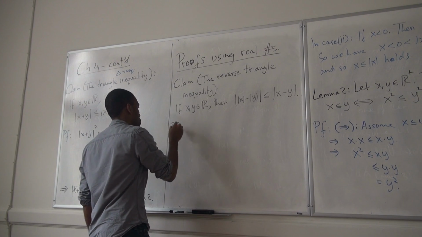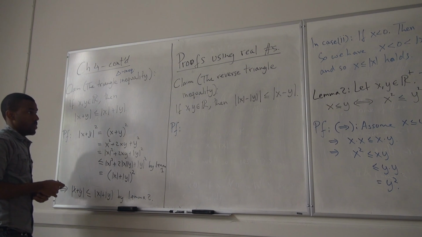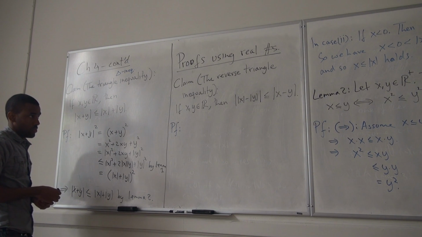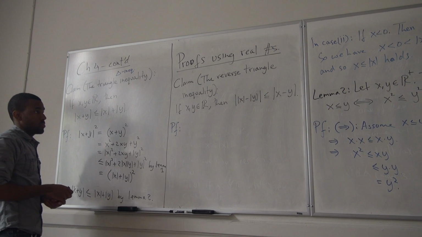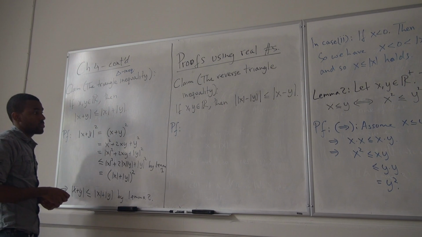How do you prove this one? Using the triangle inequality. Okay, how? Say a equals x minus y and b equals y. Since the triangle inequality says the absolute value of a plus b is less than or equal to the absolute value of a plus the absolute value of b, plug it in.